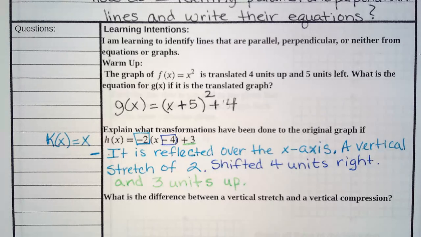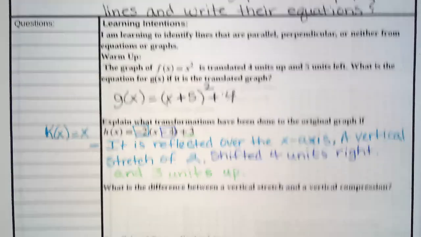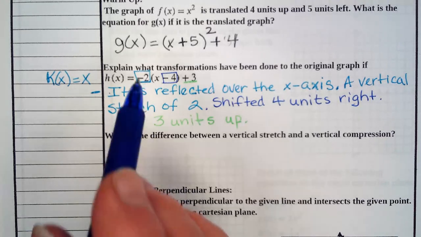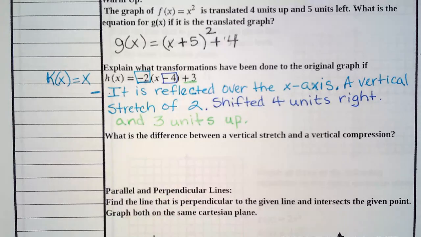So what is the difference between a vertical stretch and a vertical compression? It deals with the numbers that you're multiplying by. Remember, a stretch makes it get bigger quicker. It's like pulling taffy out. It gets really big, but it gets skinnier too. So how would you know if it was a stretch? We multiplied by 2, it was a stretch.